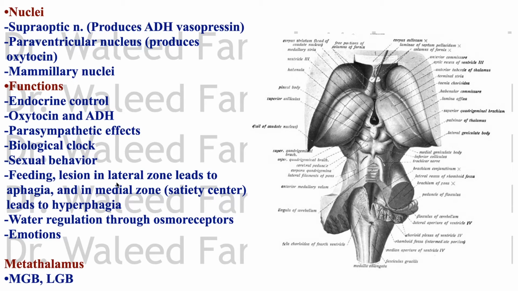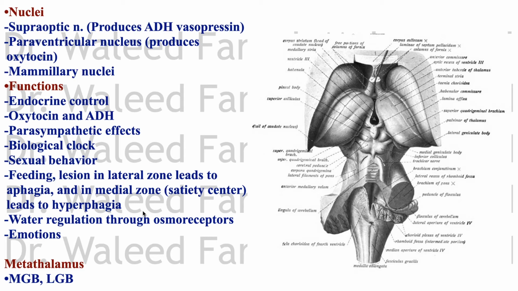In the lateral zone, a lesion leads to aphagia, which means inability to eat. The medial zone is the satiety center, and a lesion there leads to hyperphagia, hyper-eating. It also handles water regulation through the osmoreceptors, and emotions. See the variety of functions of the hypothalamus.